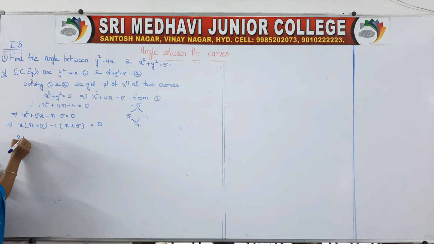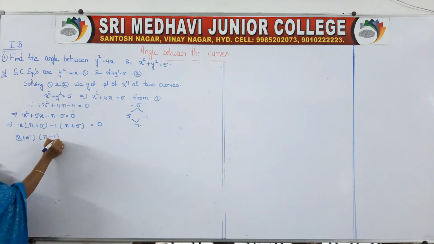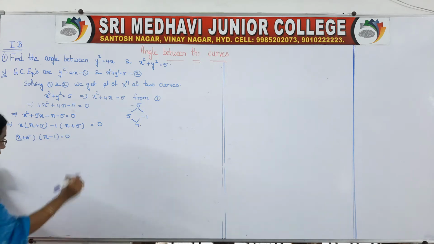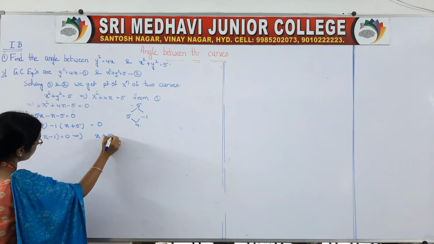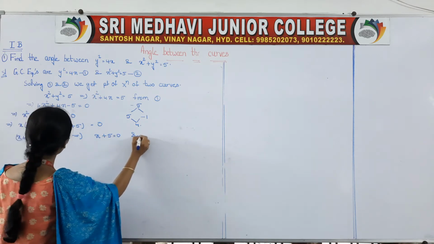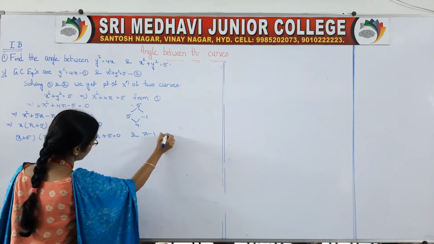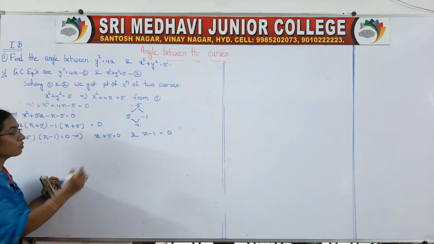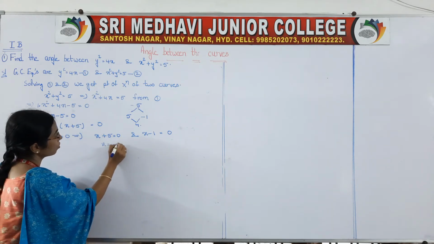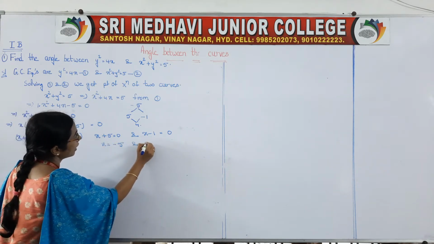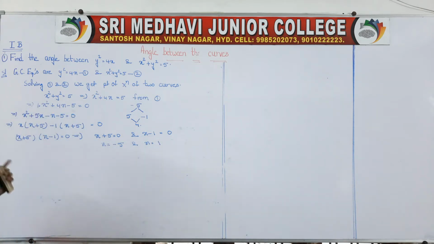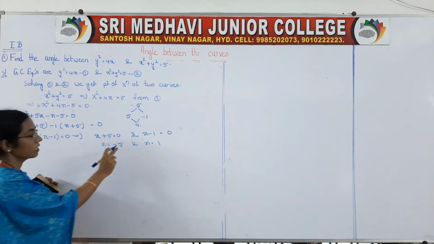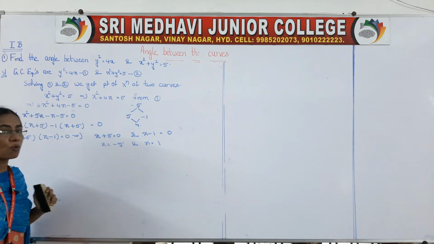You take x plus 5 as common, then what are the leftover values? x minus 1 is equal to 0. With this we will get two equations: x plus 5 is equal to 0 and x minus 1 is equal to 0. So your x is equal to minus 5 and x is equal to 1. Okay. So we got two values, x is equal to minus 5 and x is equal to 1.